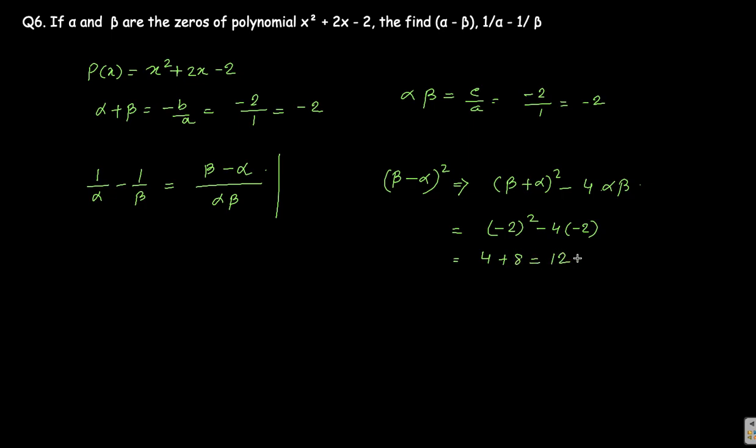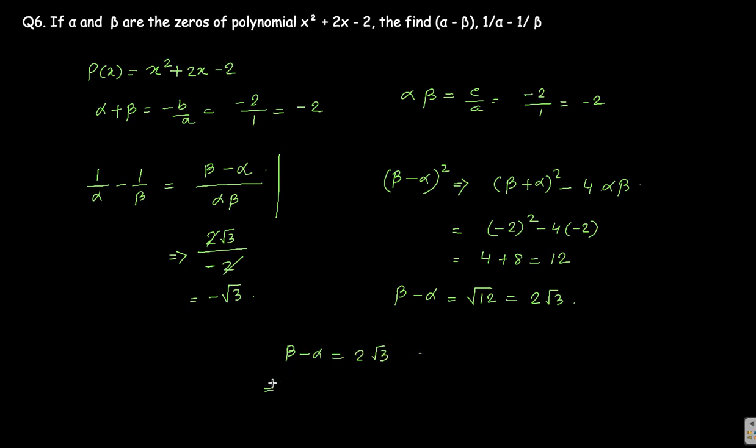Now beta minus alpha becomes root of 12, which is 2 root 3. So we put beta minus alpha as 2 root 3 by alpha beta, which is minus 2. The 2 cancels out, so minus root 3 is 1 by alpha minus 1 by beta. Now we can find alpha minus beta. Beta minus alpha is equal to 2 root 3.